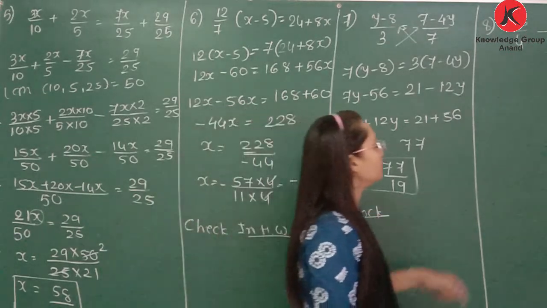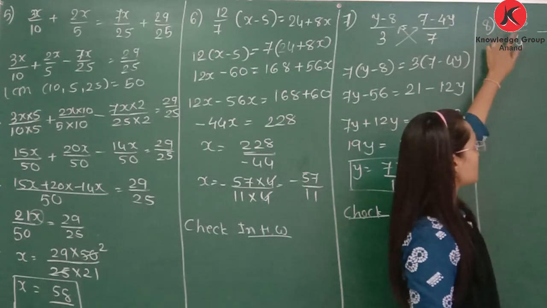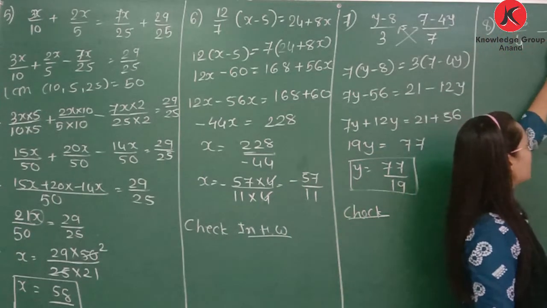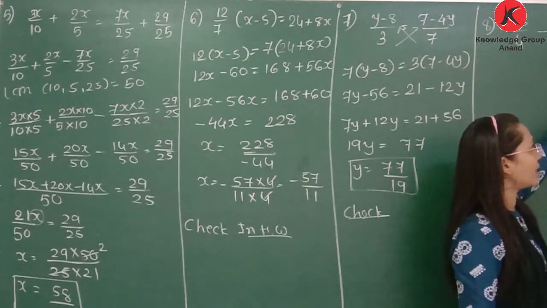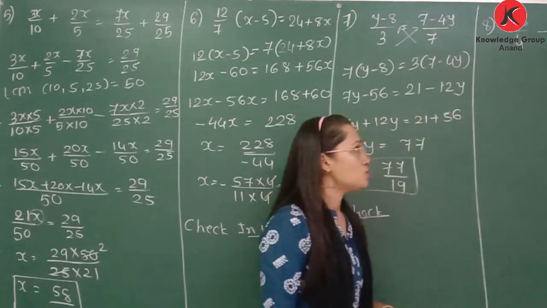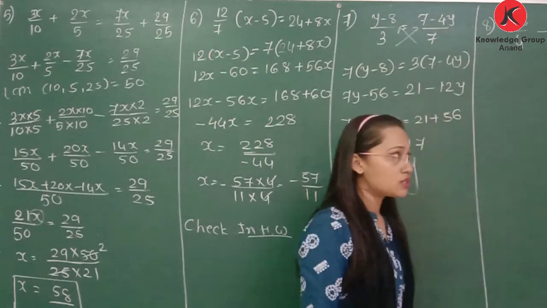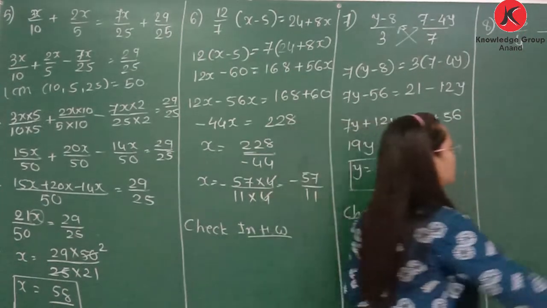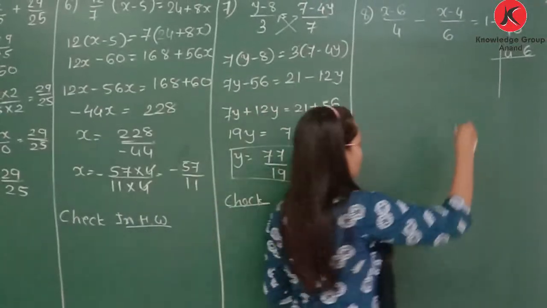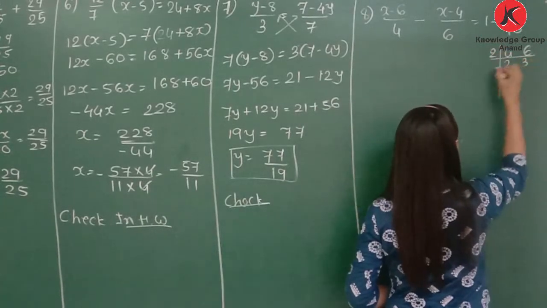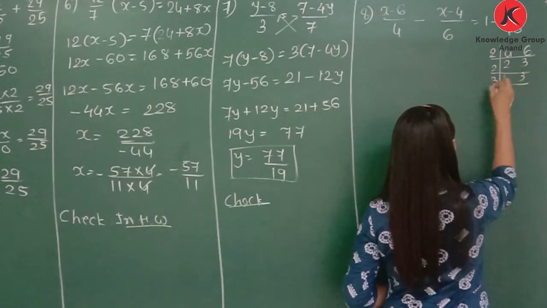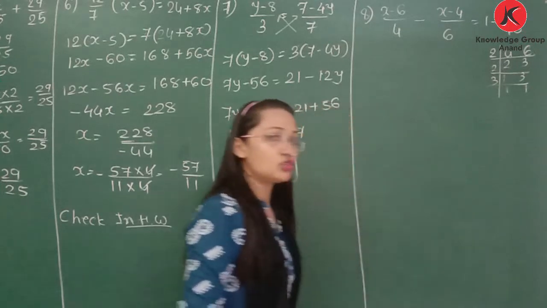the next one. (x minus 6) divide 4 minus (x minus 4) divide 6 is equal to (1 minus x) by 10. So here first of all we will take the LCM of 4 and 6. So LCM of 4 and 6 is 12.